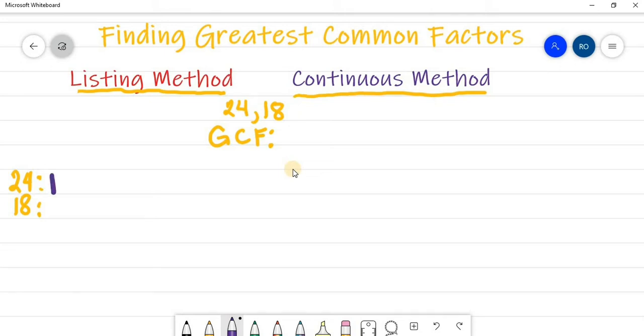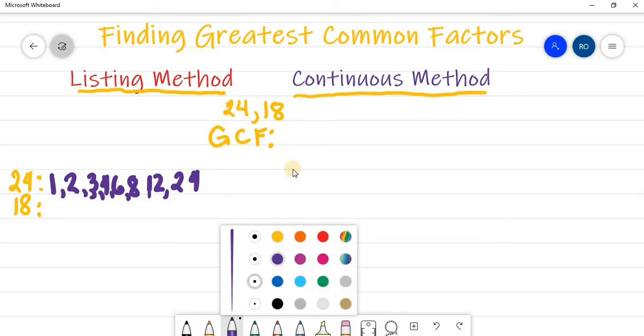We have 1 and 24, 2 and 12, we have 3 and 8, and we have also 4 and 6. So the factors of 24 are 1, 2, 3, 4, 6, 8, 12, and 24.